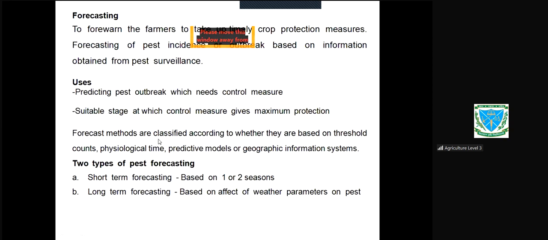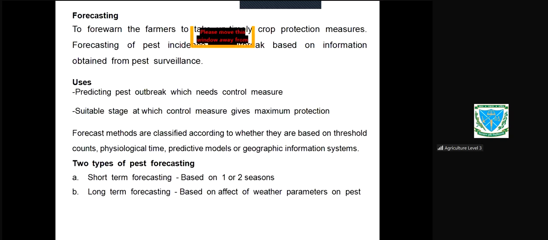Forecasting methods are classified according to whether they are based on threshold counts or physiological time, predictive models, or geographic information system. Forecast methods are classified in different ways according to whether they are based on threshold counts, meaning pest population threshold levels.